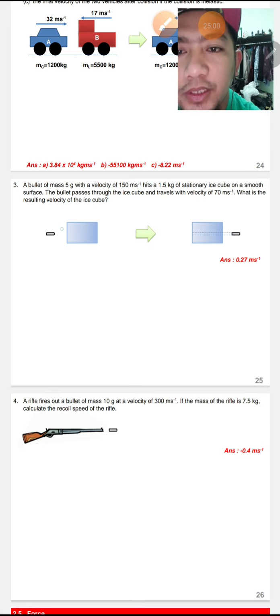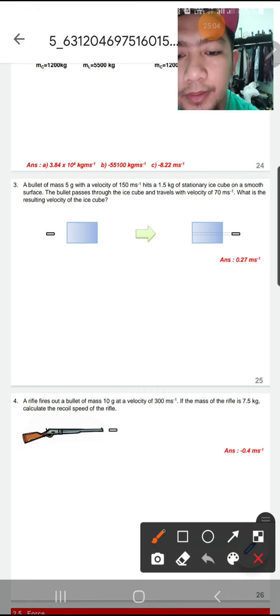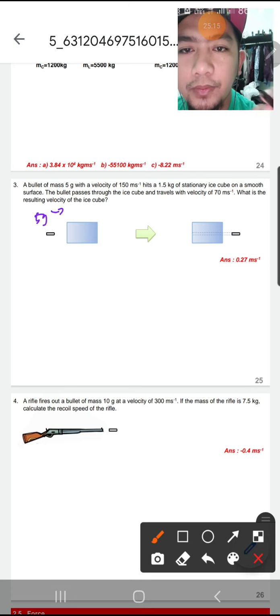So first of all, this bullet, 5 gram, moves with a velocity of 150. So the velocity is 150. It hits a 1.5 kilogram ice cube.